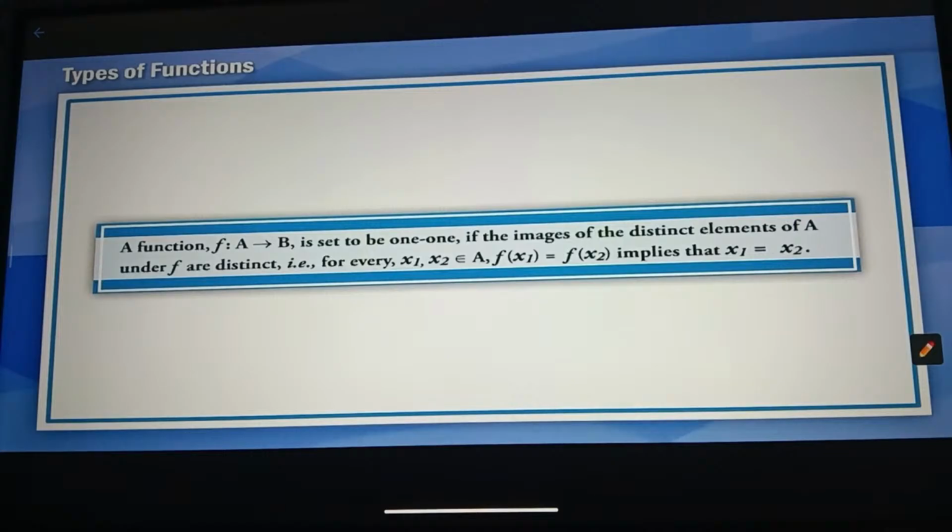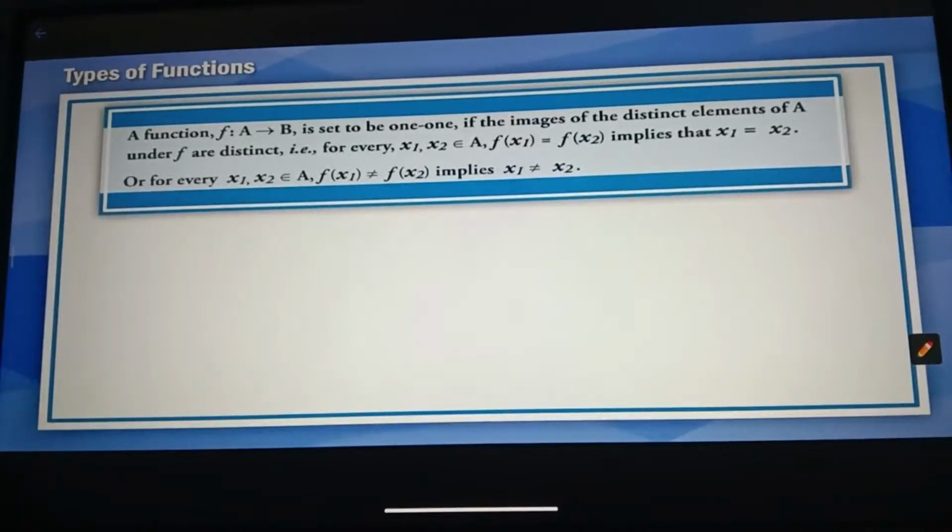A function f from A to B is said to be 1-1 if the images of the distinct elements of A under f are distinct. That is, for every x1 and x2 in the domain of f, f of x1 is equal to f of x2 implies that x1 is equal to x2.